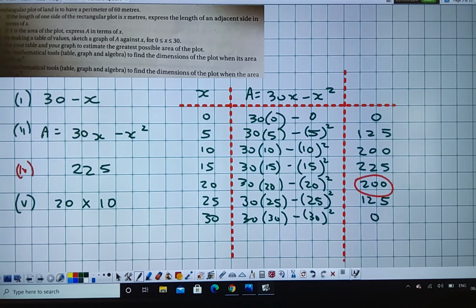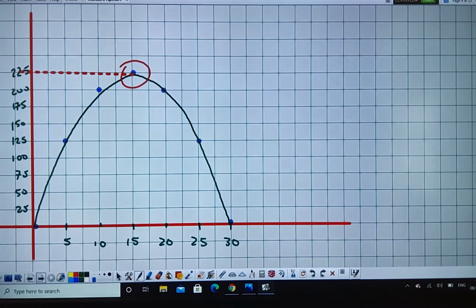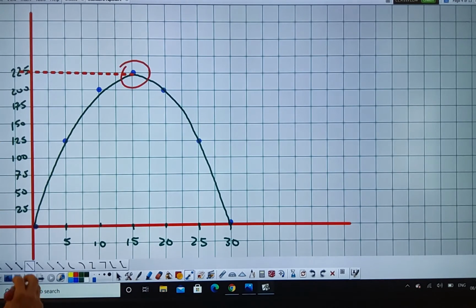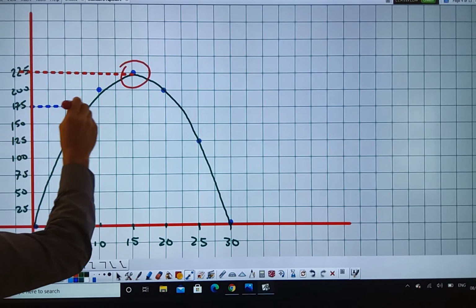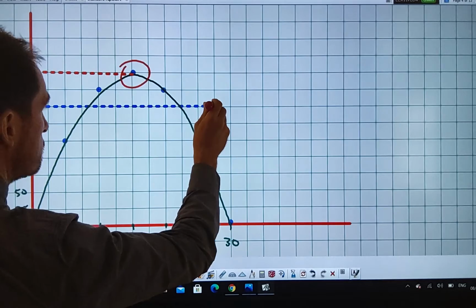Use mathematical tools, table, graph, algebra, to find the dimensions of the plot when the area is 175. Now, when the area is 175, you can use your graph for this one, and this is what you do. You find 175 as follows. We do a different colour, so 175, and you bring it across.